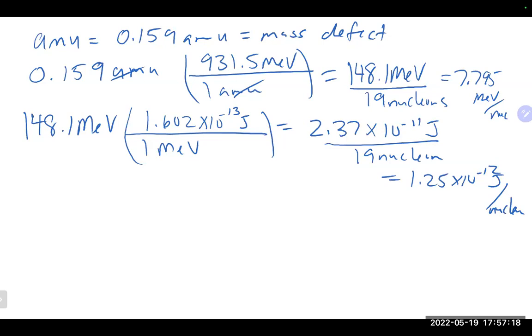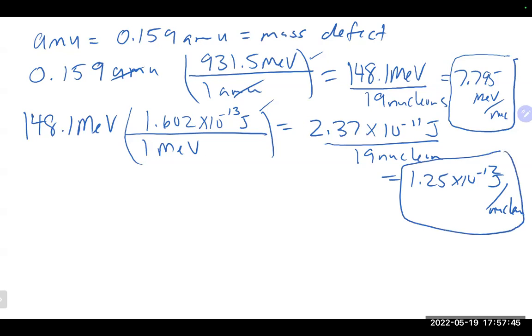So this way sort of bypasses using Einstein's equation. These conversions basically come from Einstein's equation, and you can see you get the same answer. Either way is up to you. These two conversions will probably be provided for you. These are two very common units of binding energy, mega electron volts per nucleon and joules per nucleon.